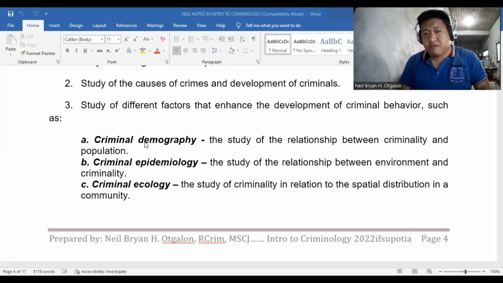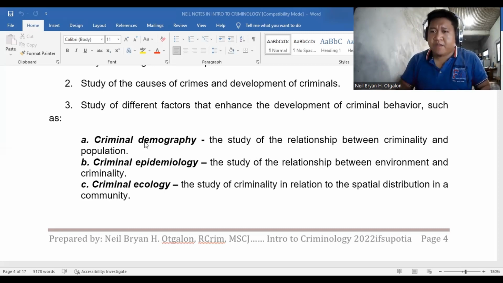Especially pag mahina ang law enforcement, then the criminality will spread out, then people can be victimized or more people can join and become criminals. It's like an epidemic, it's like a pandemic.